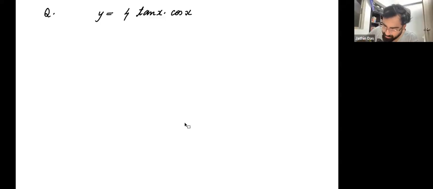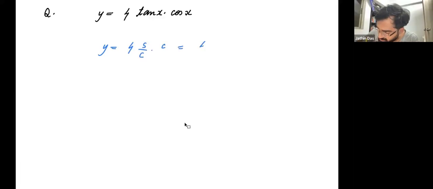Okay. y is equal to 4 tan x into cos x. Range and domain. What will you do? Tan is sin x by cos x, so that is just 4 sin x by cos into cos, correct?